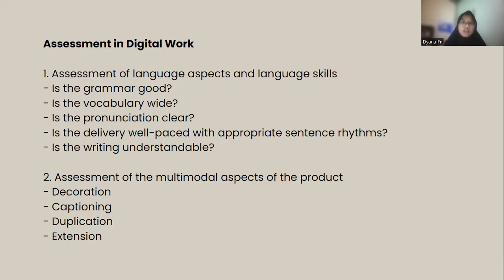The fourth one, is the delivery well paced with appropriate sentence rhythms? And the last one, is the writing understandable? And the second one is assessment of the multimodal aspects of the product. They are decoration, captioning, duplication, and extension.